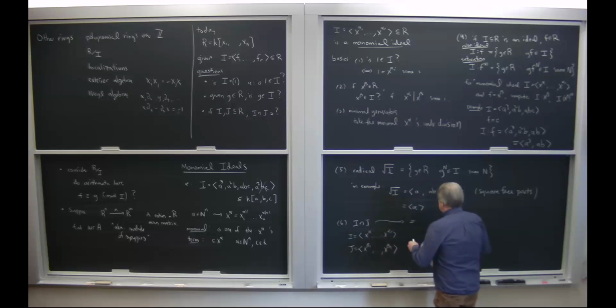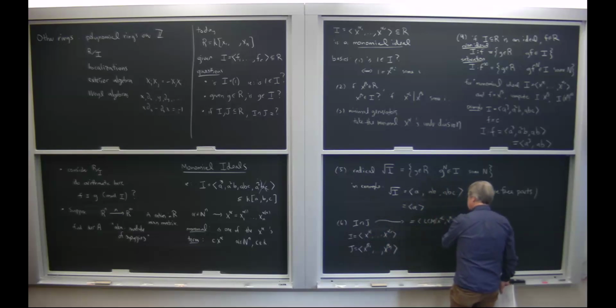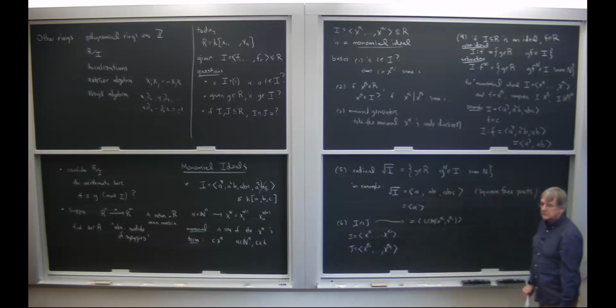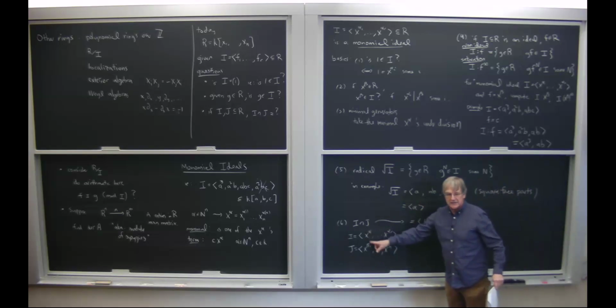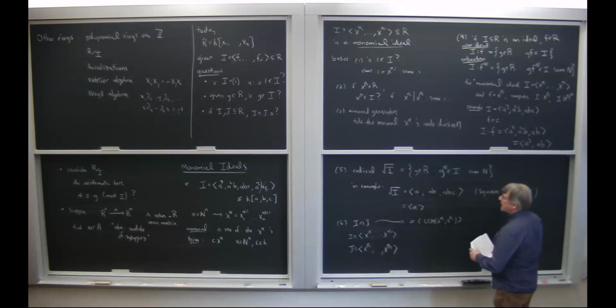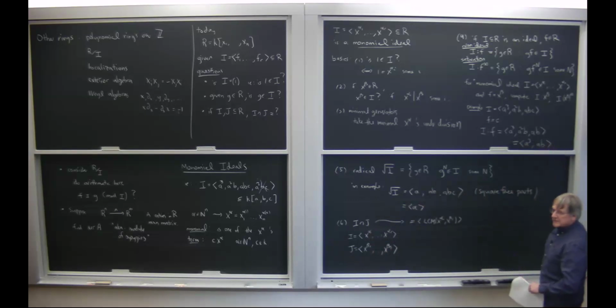It's going to be given by the least common multiples of x to the alpha i and x to the beta j. Wait, is that right? The least common multiple of 2 things is just taking the highest thing.